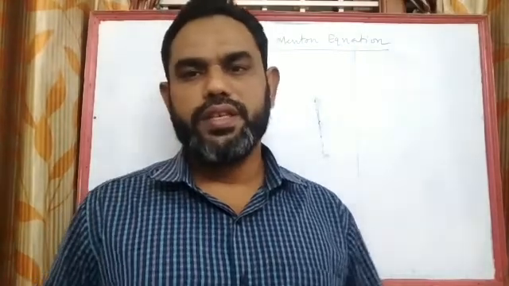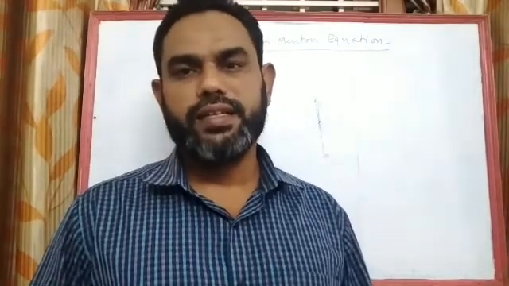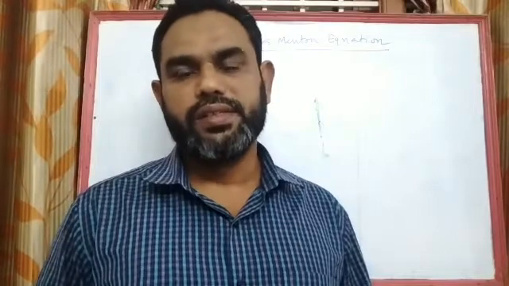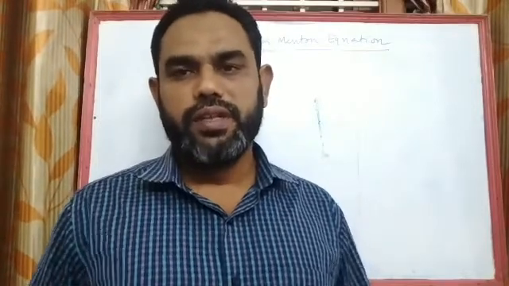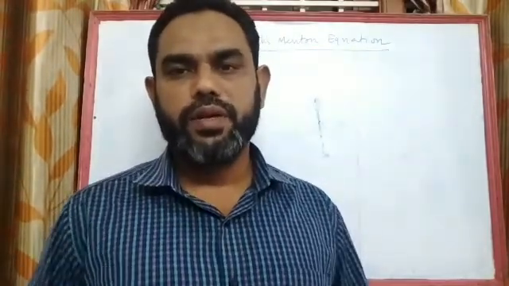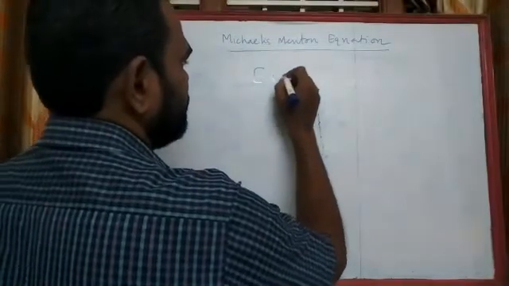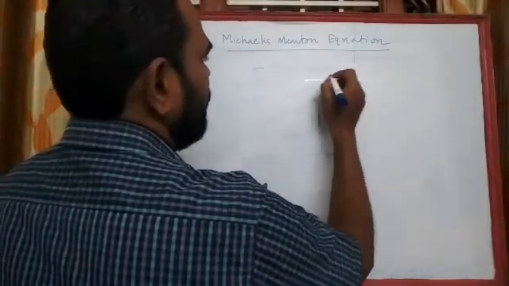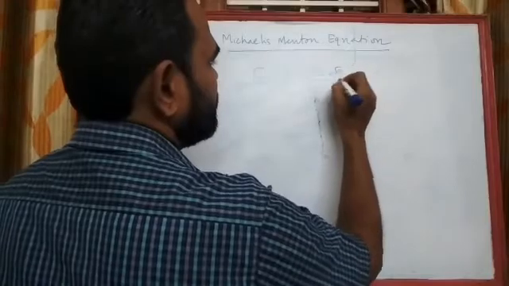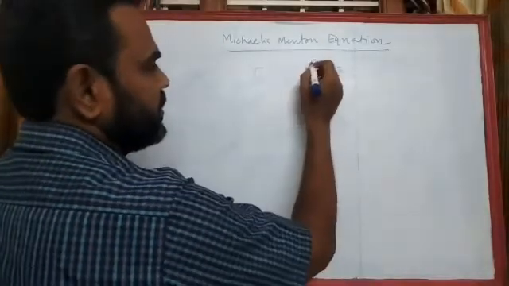Enzymes are proteinaceous substances that act as catalysts in biological reactions. They have an enormous reaction rate when compared to inorganic catalysts. Enzymes react with a substrate to give an enzyme substrate complex.